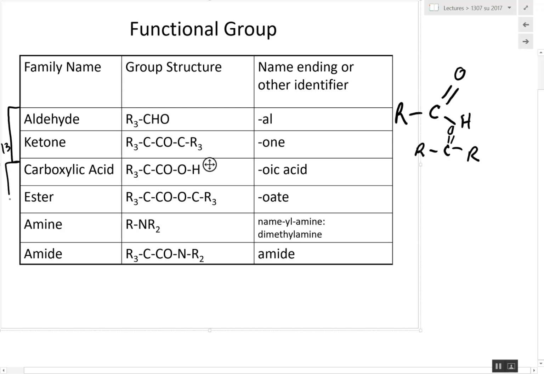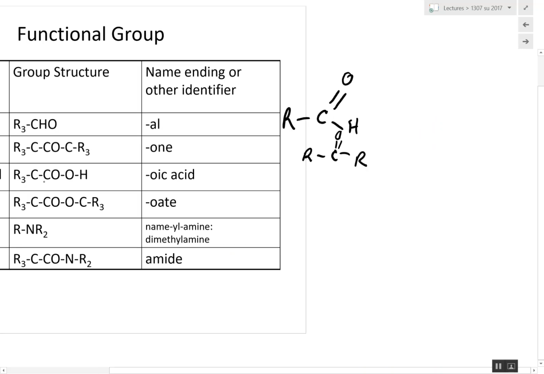Then you get the carboxylic acids and esters. That's chapter 14. So what this is trying to show right here is something that looks like this. This has a carbon-oxygen double bond and a hydroxyl. This doesn't make it an alcohol.